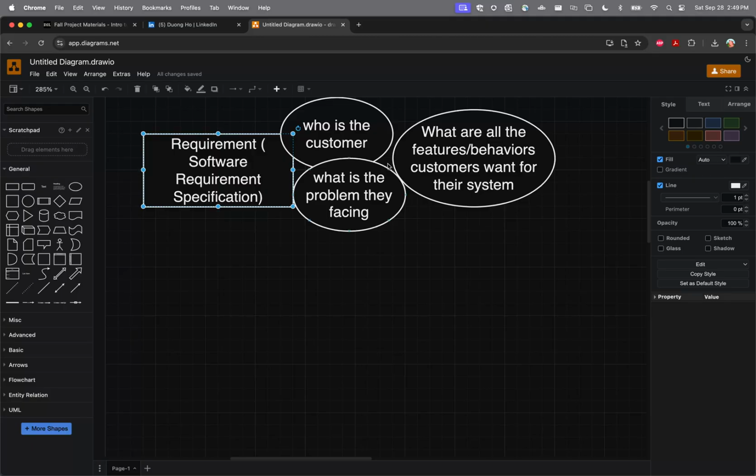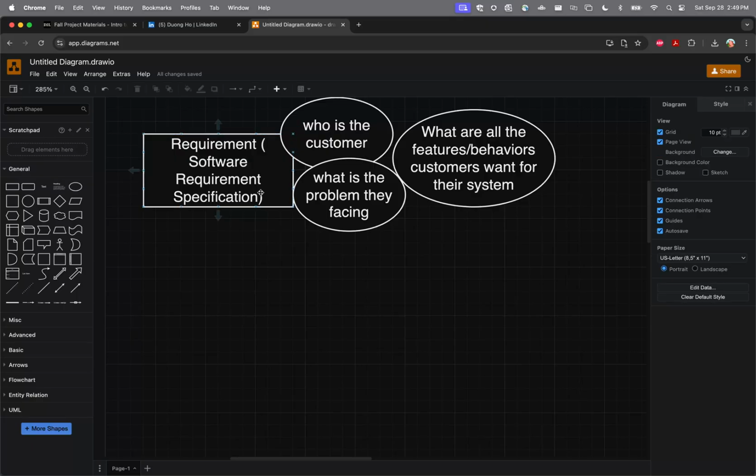But what is in the requirement document, if both the customer and yourself agree to it, then those would be the final behaviors of the system that the customer expects to receive. When you go and buy a house, you basically tell your builder how you want your house to look, the kind of color you want your house to have.